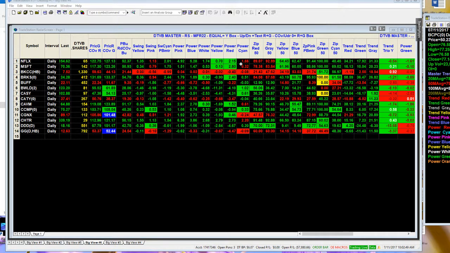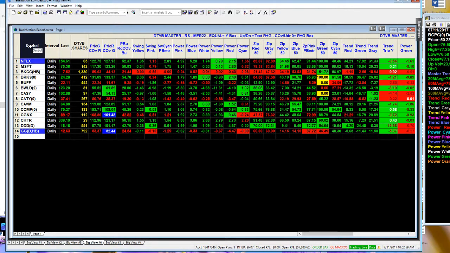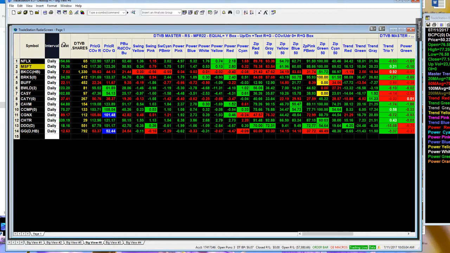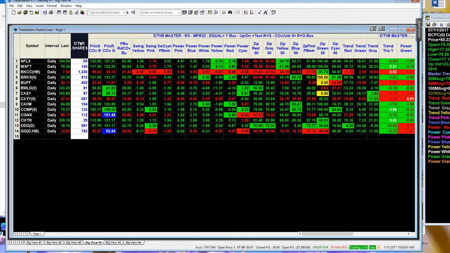Each one of those indicators qualifies by example. The symbol is one column. You can use 30 columns. Interval is one column. Last is one column. The shares column is basically an indicator that I put together. You can make it more complex than I did, but I wanted to keep it basic, running through the theme of what DTVB is all about.